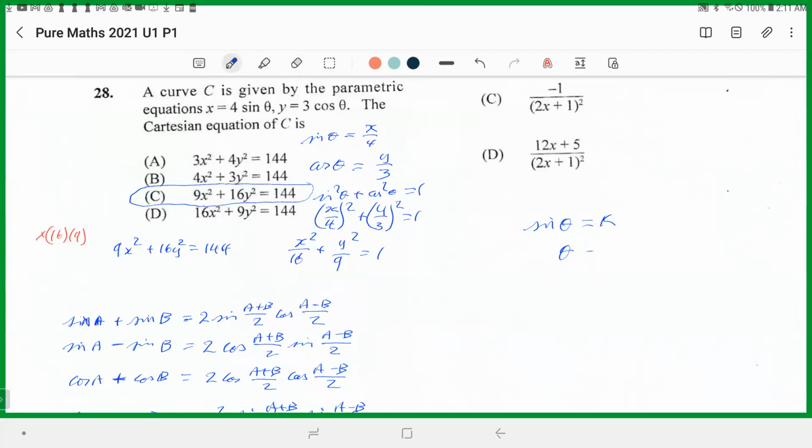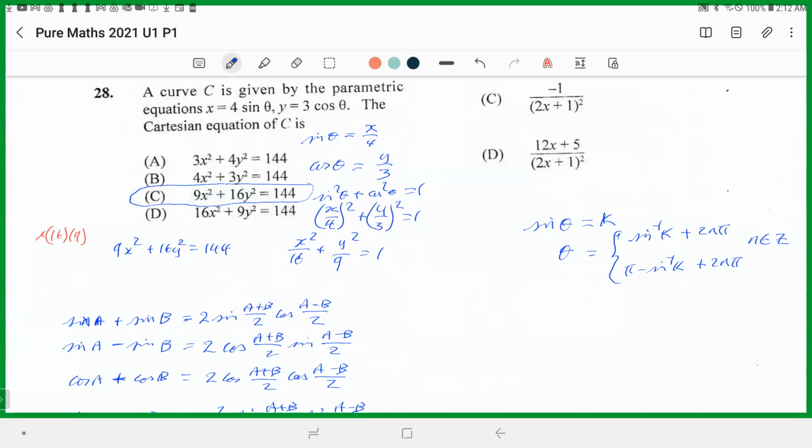Then theta equals 2 parts: sine to the minus 1 of k plus 2n pi, or pi minus sine to the minus 1 of k plus 2n pi, where n is an integer value.